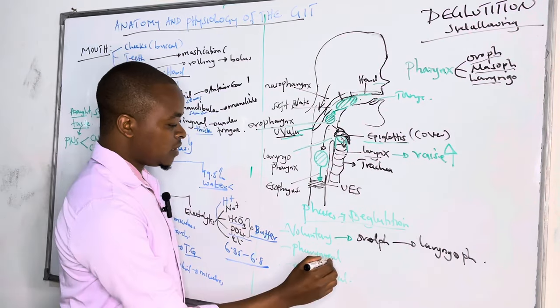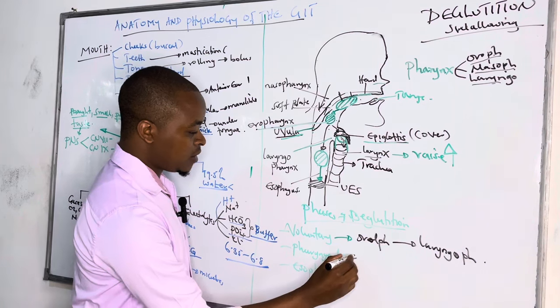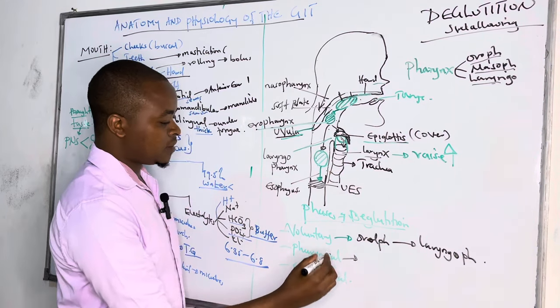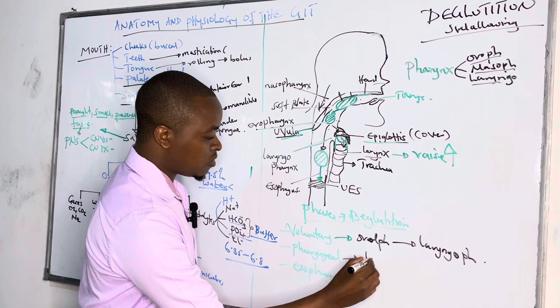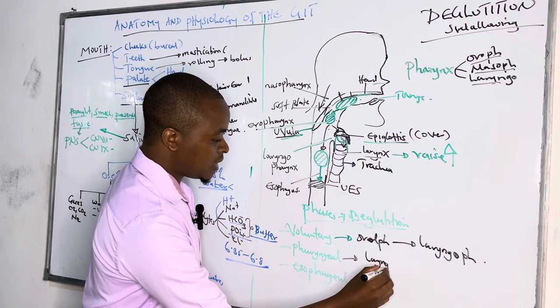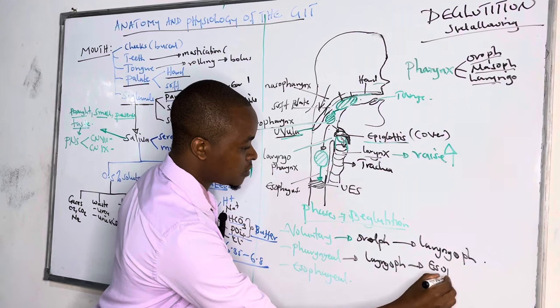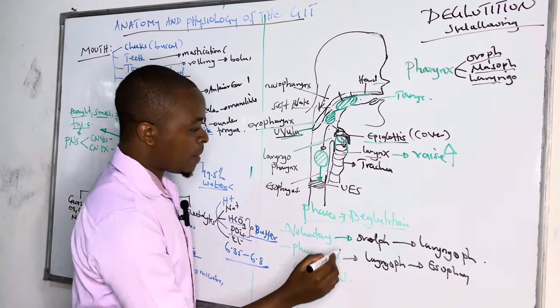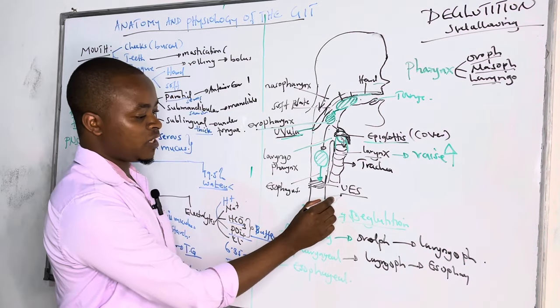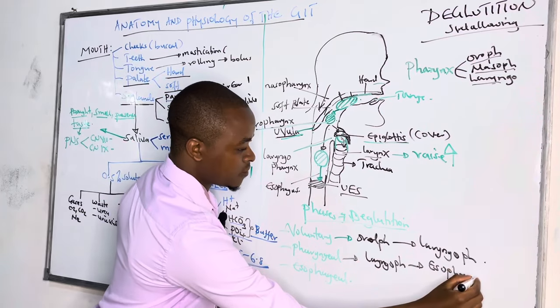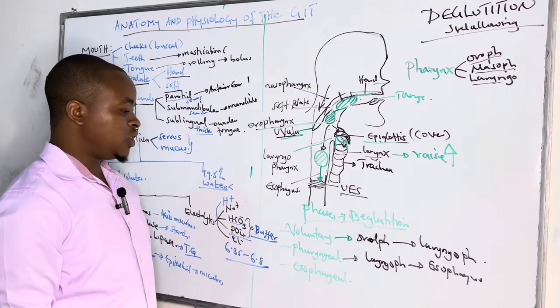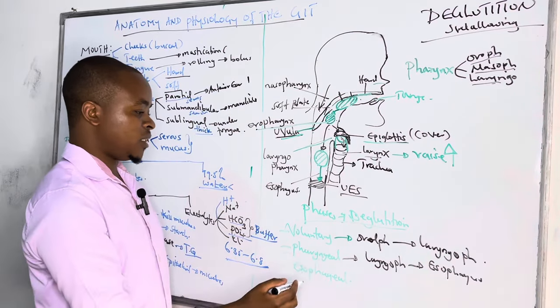Then we have the pharyngeal phase, which enables the food bolus to move from the laryngopharynx into the esophagus via the upper esophageal sphincter. That is the pharyngeal phase of deglutition.